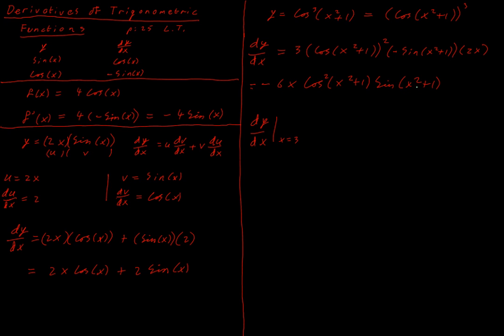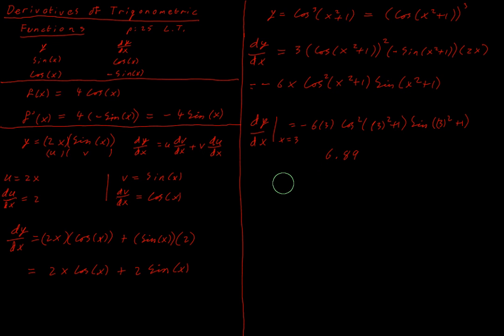When I sub x is 3 into all of this mess here, minus 6 times 3, cos squared of 3 squared plus 1, sine of 3 squared plus 1, all of that works out to 6.89-ish.